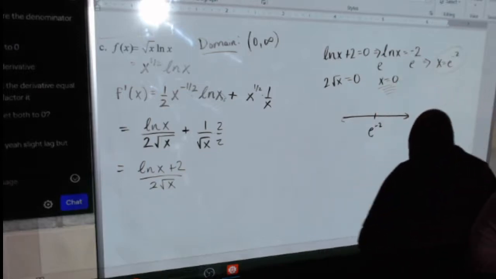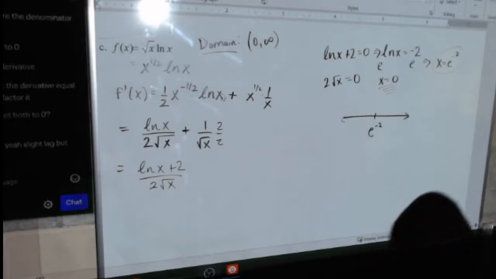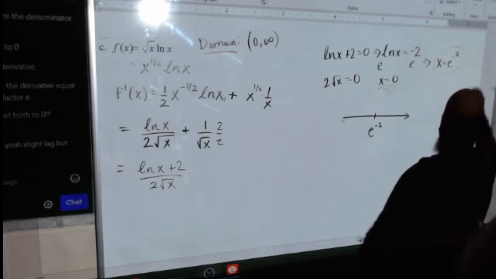So let me just calculate a decimal for that, so we have an idea what the numbers around it look like. That is 0.135 to a 3 decimal place approximation.